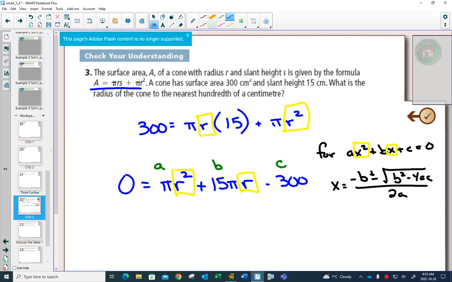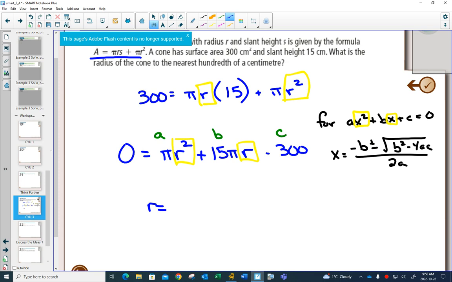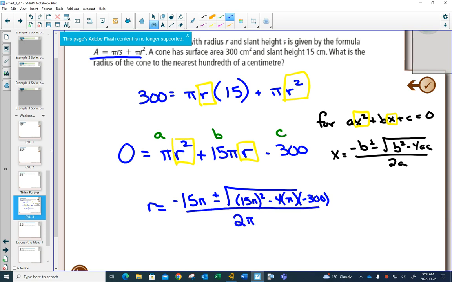Not very much fun to complete the square on this one. Okay? Quadratic formula, though, doesn't matter what the numbers look like, you can solve for them. So, we say r equals, because we have r instead of x, negative b, so it'll be negative 15 pi plus or minus the square root of b squared, so that would be, I'll put it in brackets, 15 pi squared minus 4 times a, which is pi, times c, which is negative 300, over 2a.